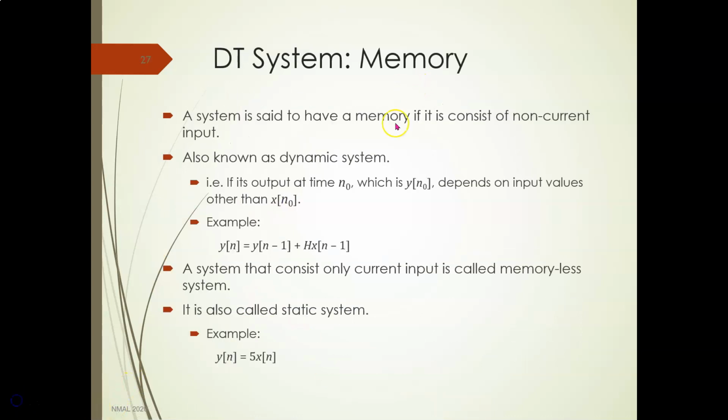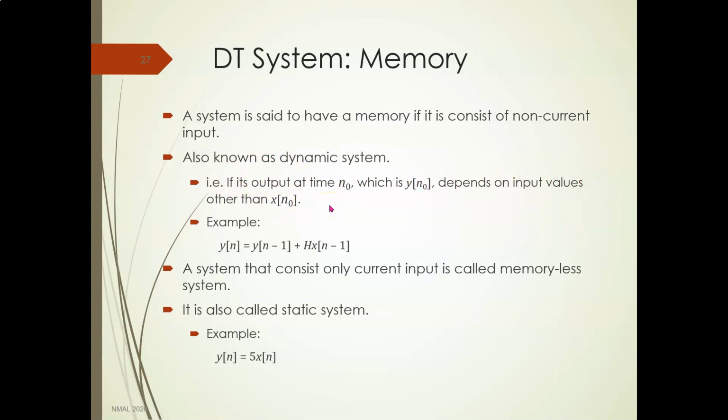Okay, for a memory system, we can say that a system is said to have memory if it consists of non-current input. In other terms, we can call this a dynamic system. An example here: if its output at time n0, which is y[n0], depends on input values other than x[n0].